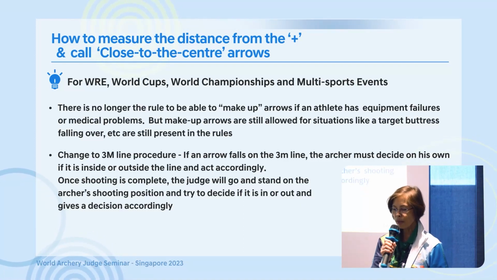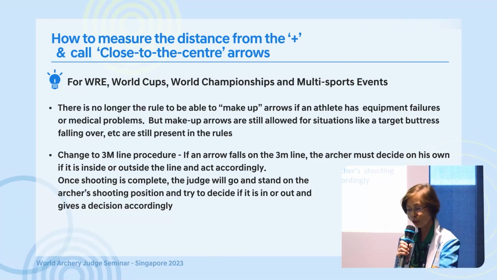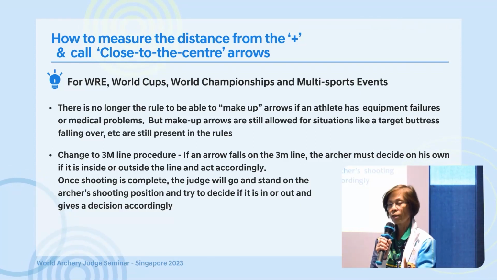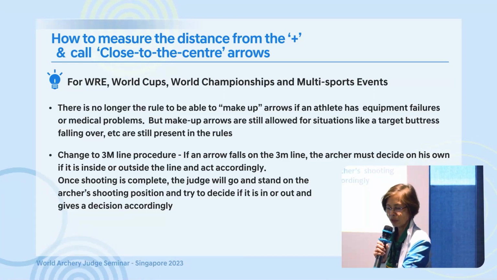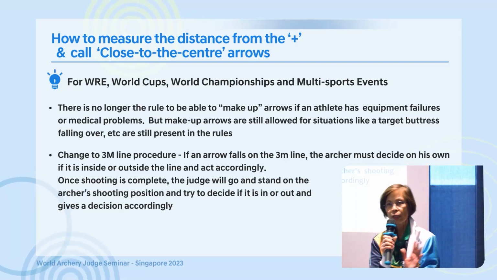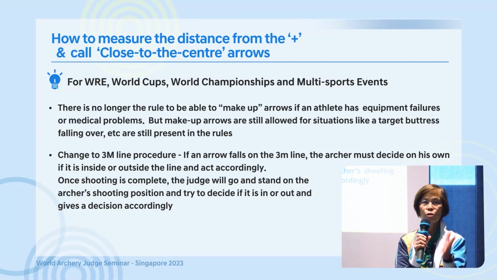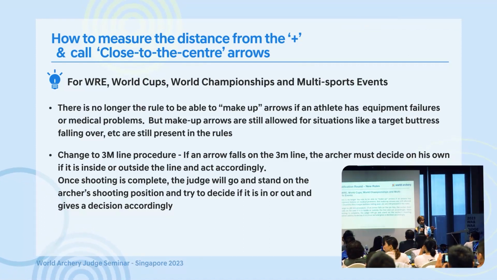But makeup arrows are still allowed for situations like if a target buttress falls over, that's still there. Okay? You must remember, this is for makeup and medical emergencies. What do you do if there is a bouncer? Okay, so you will have a delay there still.